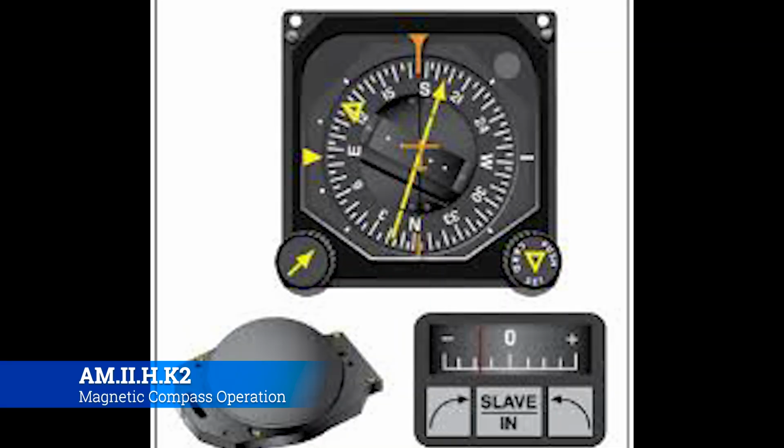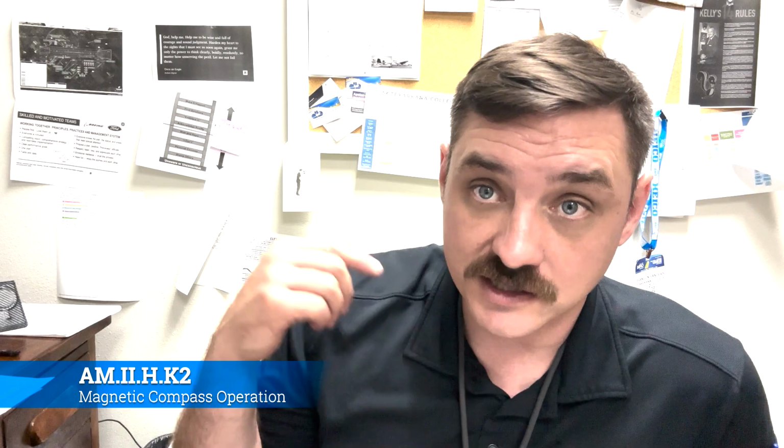So a remote indicating compass, a better solution to deviation, is to remotely locate the magnetic compass in a wingtip or vertical stabilizer where there is little interference with the Earth's magnetic field. The downside of that is that while it does solve one problem, it can create another. You're going to end up having wires that have to run up to your indicator up there.